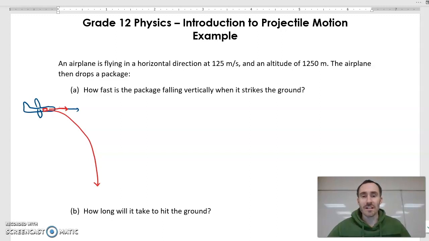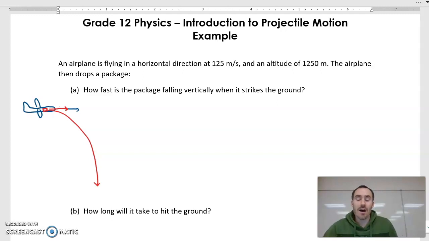But we're going to neglect air resistance for all of our projectile stuff. We can save that for a different time. So it's going to trace out a half parabola. It's got its horizontal velocity to begin with, and it starts with 0 vertical velocity, but then as gravity speeds it up, acceleration is 9.8 meters per second every second, then its vertical velocity will be catching up.